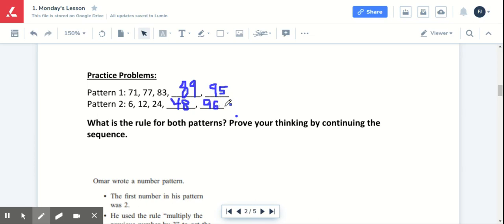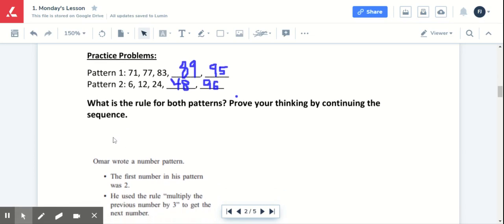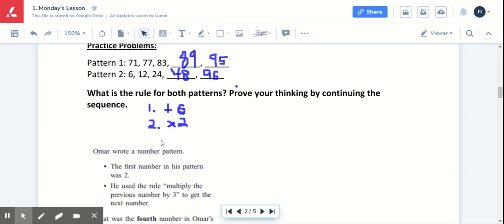So for pattern number 2, we are multiplying by 2. What is the rule for both patterns? We already proved our thinking by continuing the sequence. Number 1, add 6. Number 2, multiply by 2.